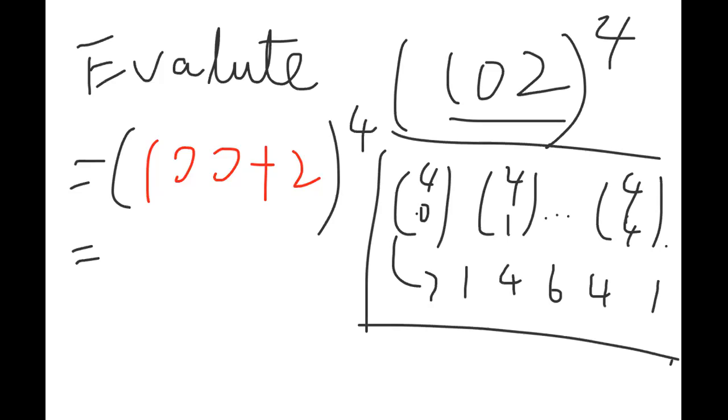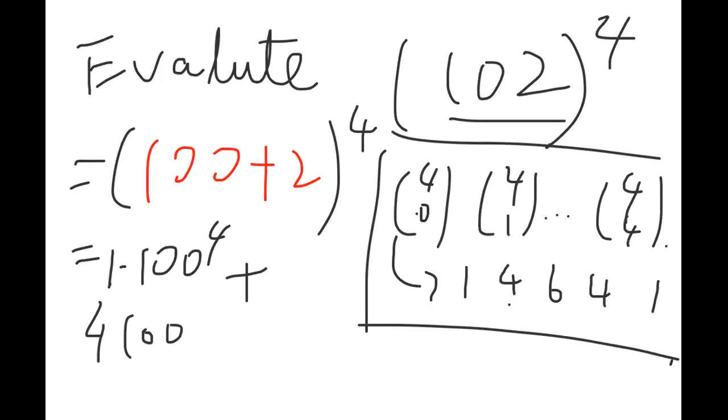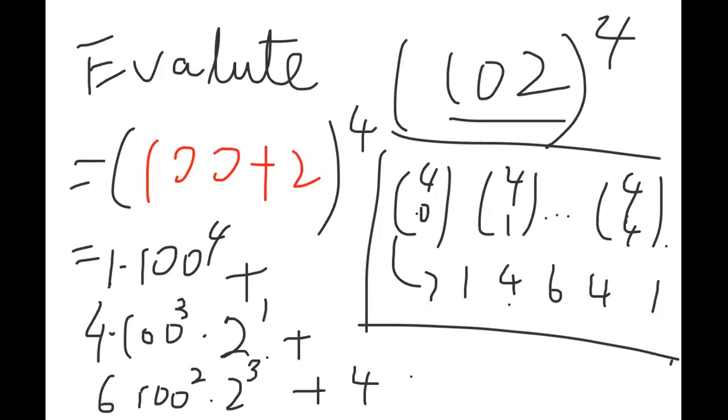So this is 1 times 100 to the 4th power, plus 4 times 100 to the 3rd power times 2 to the 1st power, 6 times 100 squared times 2 squared, plus 4 times 100 times 2 to the 3rd power, finally 1 times 2 to the 4th power.